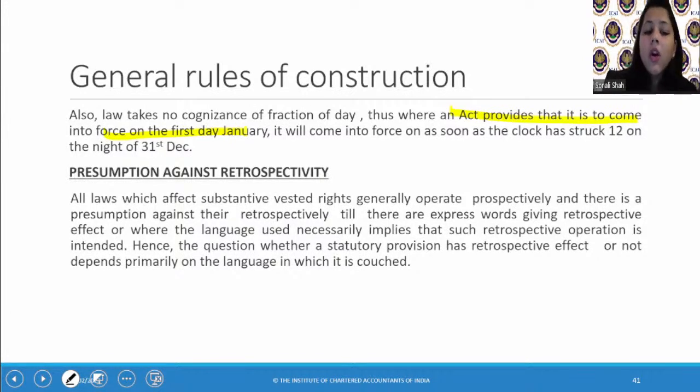Correct? So all laws which affect substantive vested rights generally operate prospectively. What do you mean by a substantive vested right? A right that has been vested, given to somebody under an act. Such acts operate prospectively, and there is a presumption against their retrospectivity till there are express words giving retrospective effect.